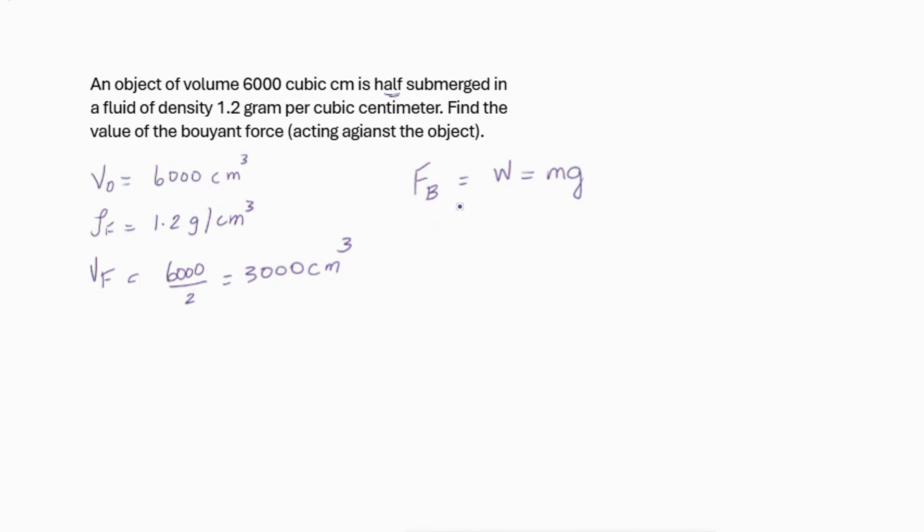So how do we go about doing that? Well, we can find the mass because we know that the density is equal to the mass over the volume. We can rearrange this formula and find the mass because we already have the density and we have the volume.